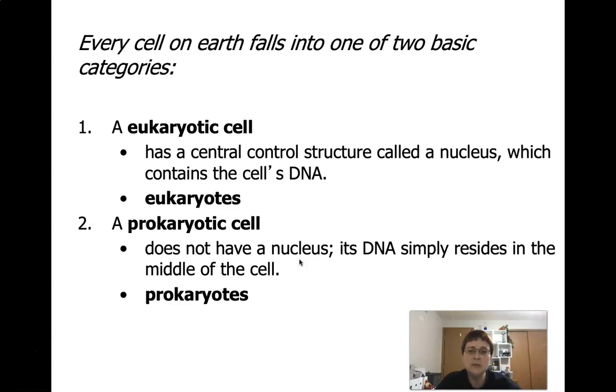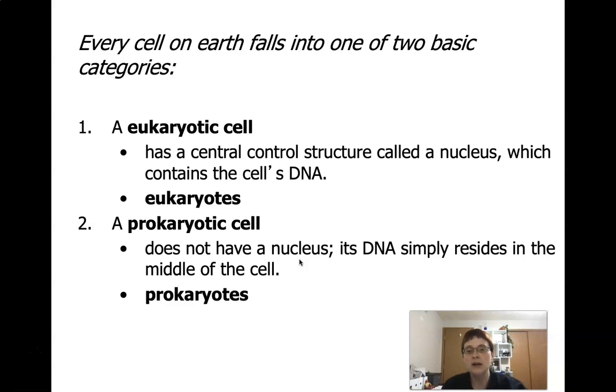The DNA just simply hangs out in the middle of a cell. We do commonly see it called a nucleoid region because it kind of is central, but it's not actually inside of a structure like a nucleus. And just like with the eukaryotic cells, we call prokaryotic cells prokaryotes.